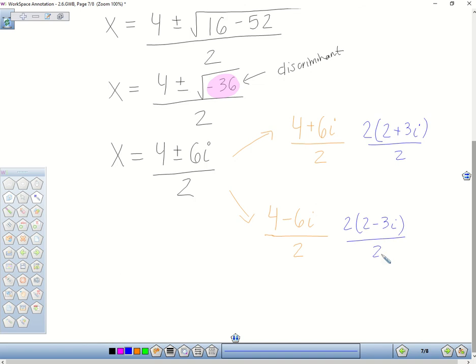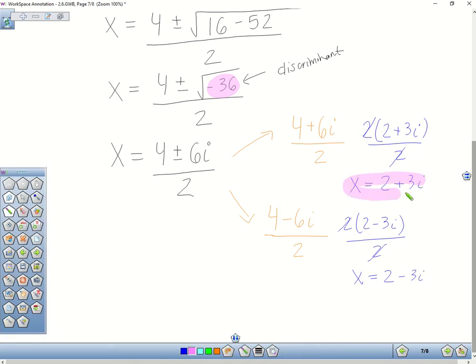And then what can I do with the numerator and denominator now? Yeah, the 2's cancel. So my simplified versions are x equals 2 plus 3i and x equals 2 minus 3i. So those would be your two solutions.